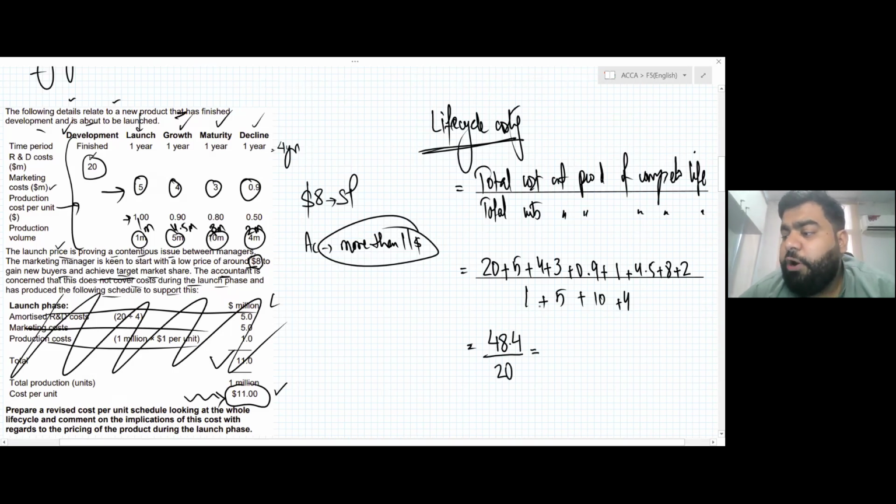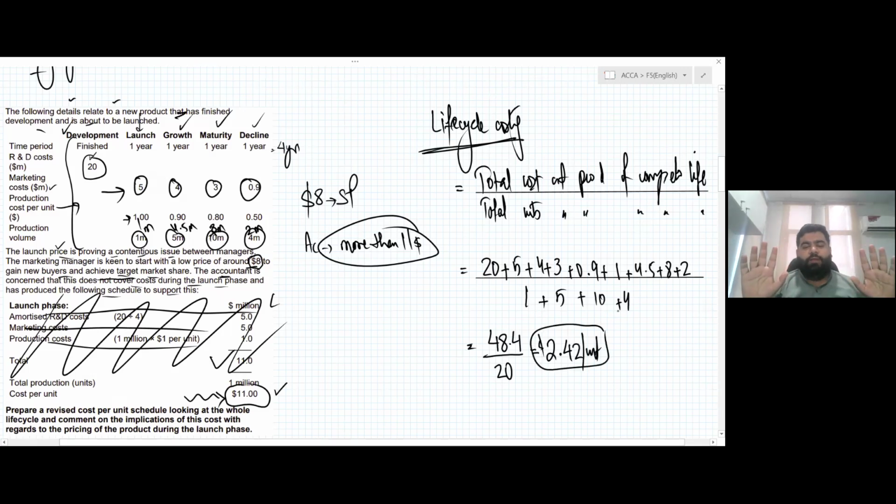So 48.4 million divided by 20 million is $2.42 per unit, your average cost over the life. The product will cost you on average over the life 2.42 per unit. So if you are selling for more than 2.42, you will earn a profit.